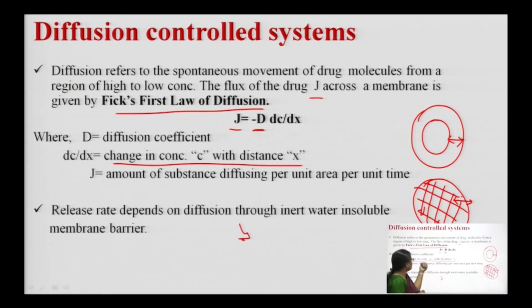So, the distance will increase with time in a matrix type of system also. So, this concentration change with distance is important in controlling the release from diffusion controlled systems. The release rate here depends upon the diffusion through the inert water insoluble membrane barriers.